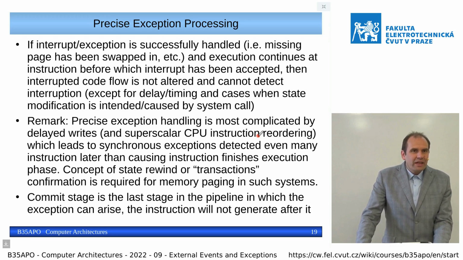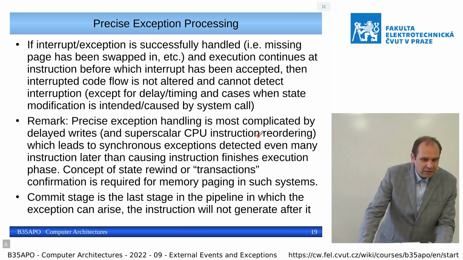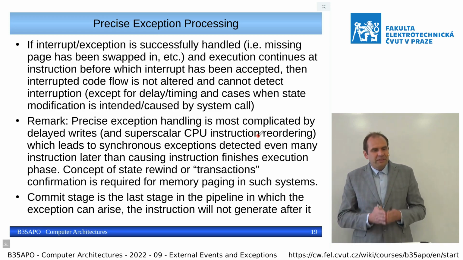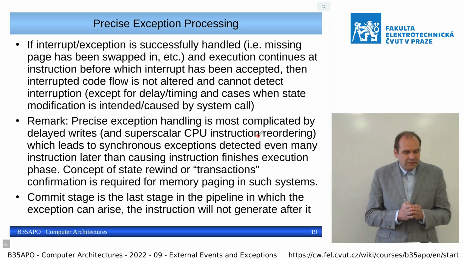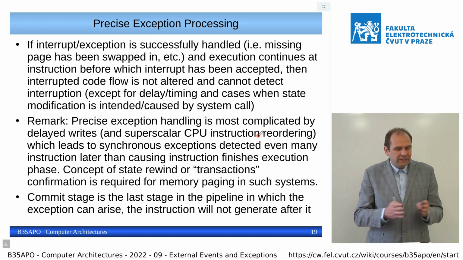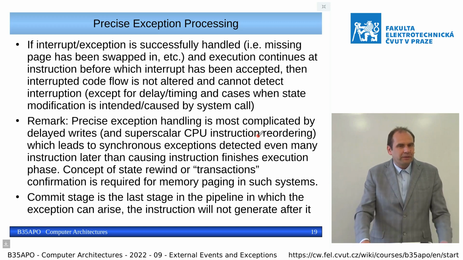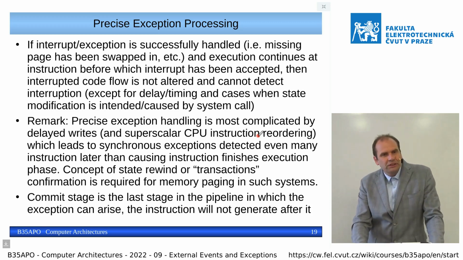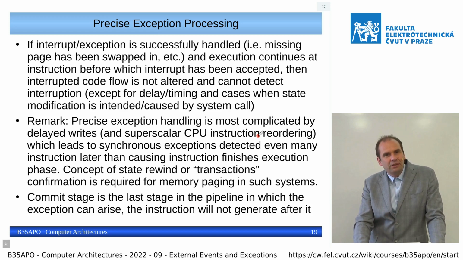And if we allow the later instruction to modify the actual memory, then if there is an exception, we cannot restore the state of the processing of that instruction, basically, because some future instruction has already modified the state of the processor and the memory.